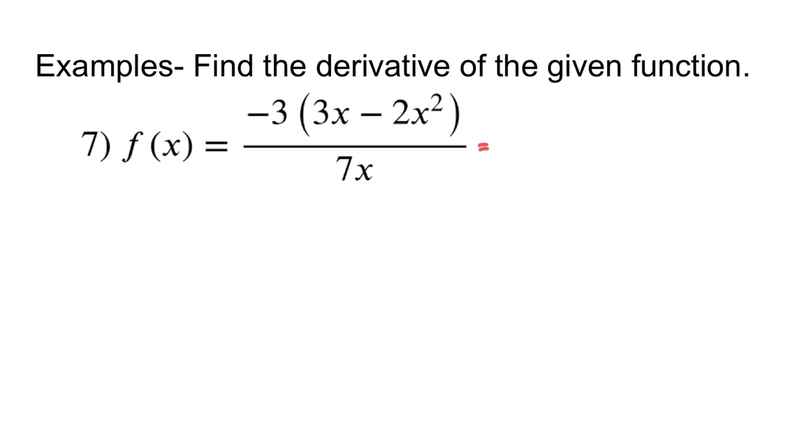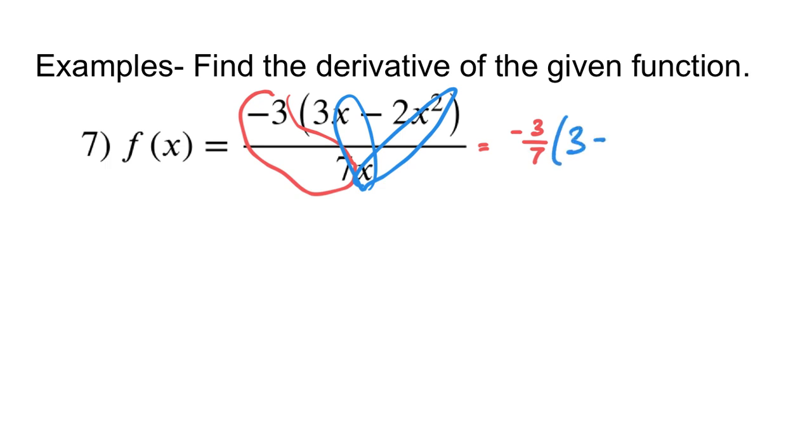So what I can do is take that negative 3 over 7 as a fraction in the front, and then I can take my x and cancel that out of both of those terms. So I get 3 minus 2x. That's a heck of a lot easier to take the derivative of than the original problem, especially with quotient rule being as complicated as it is. So sometimes you may want to do some algebra up front.